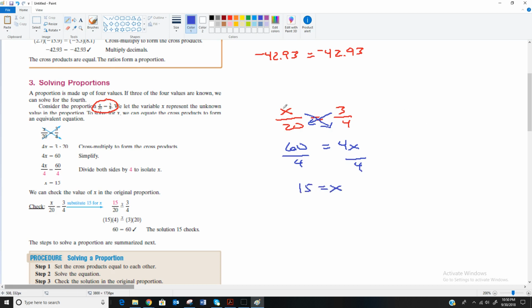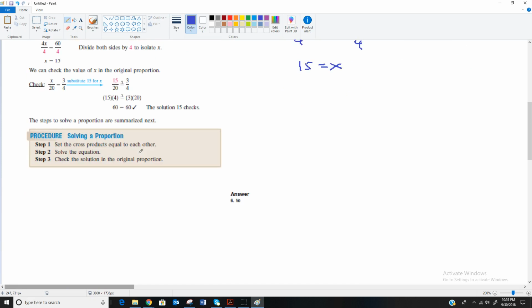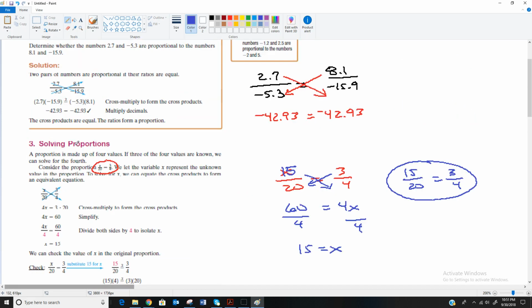In other words, if I replaced that x with a 15, it should be true. So 15 over 20 should be proportional to 3 over 4. And we could see, yes, 3 times 5 is 15, 4 times 5 is 20, or I could check the cross multiplication. 3 times 20 is 60, 15 times 4 is 60. Everything works. So that's a really important skill, solving a proportion.